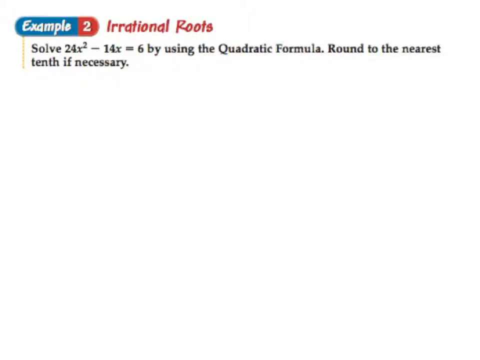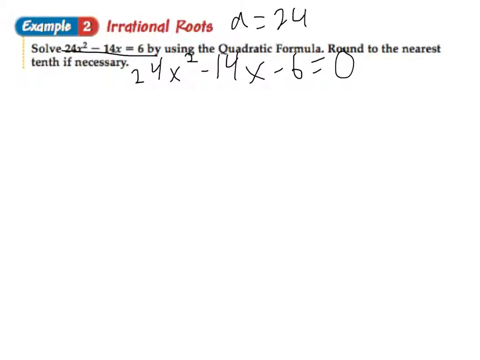Now the quadratic formula is really nice to use, especially when we have some really messy quadratic equations. So for instance, this one here, before we can use the quadratic formula, we have to make this equal to 0. So we're going to make it 24x squared minus 14x, and I'm going to subtract 6 from both sides, so we're going to have minus 6 is equal to 0. That means our a is going to be 24, our b is negative 14, and our c is negative 6.